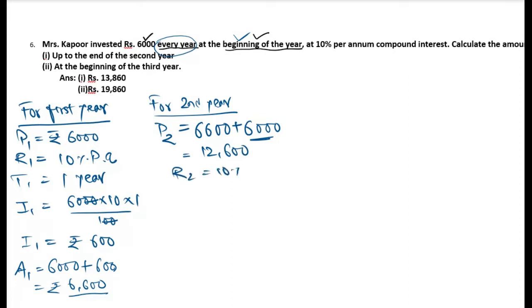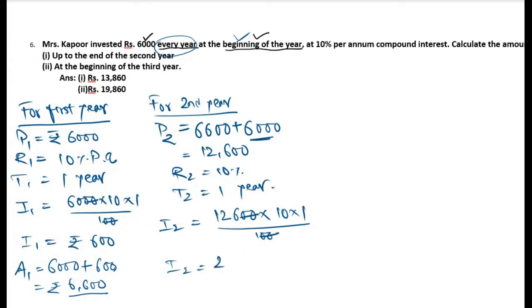R2 is 10%, T2 is 1 year, and I2 we can find: 12,600 into 10 into 1 upon 100. So I2 is rupees 126 into 10, 1260. This is the interest at the end of second year.